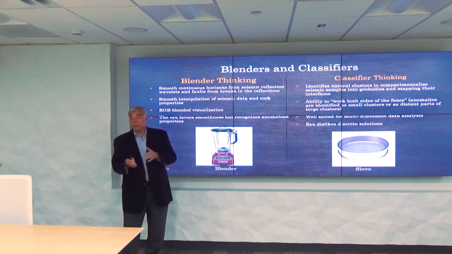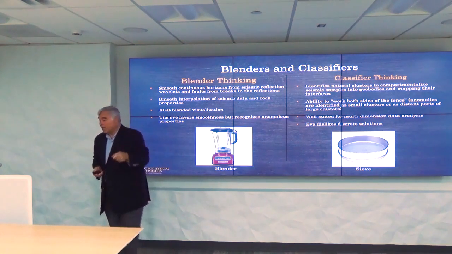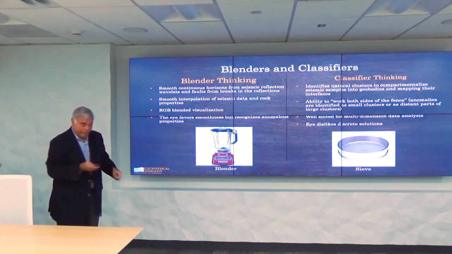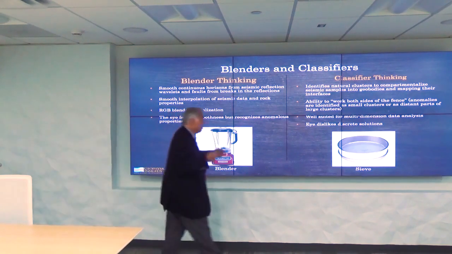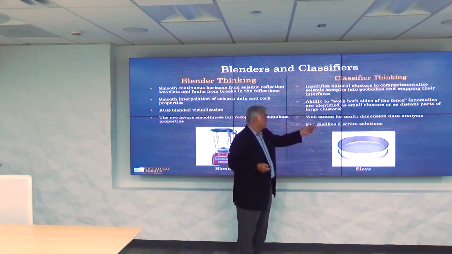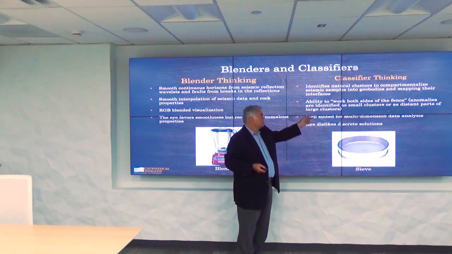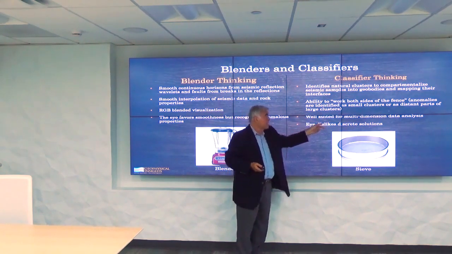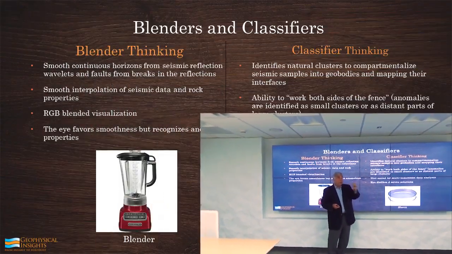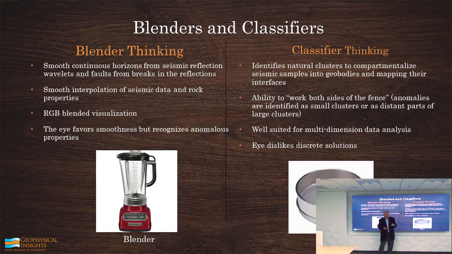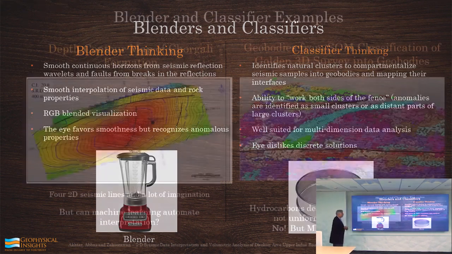Because when you get to the anomalous part, that's what your eagle eye is going to want to focus on. Okay? That's where we're going. So, unfortunately, we're not really suited for that. The eye likes smooth stuff, but it dislikes discrete solutions. So, having little blocks of color and stuff like that, we'd much rather look at smooth changes in color.